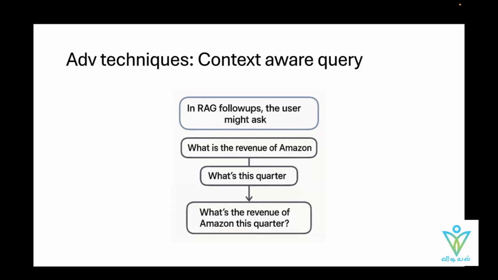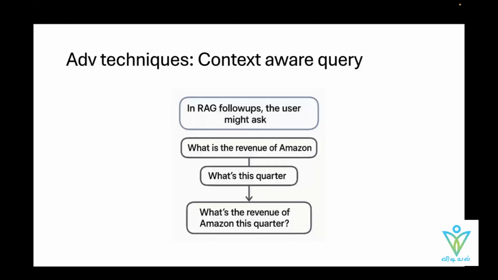Let's say the paragraph talks about the revenue of Amazon this quarter and what the numbers are. And let's say this paragraph is long, and in the continuation it just says revenue this year, revenue this quarter, and so on. The chunk itself doesn't say that it's talking about Amazon. It just says revenue number, revenue number, revenue quarter number. The first chunk talks about revenue of Amazon, but it slowly descends into this.